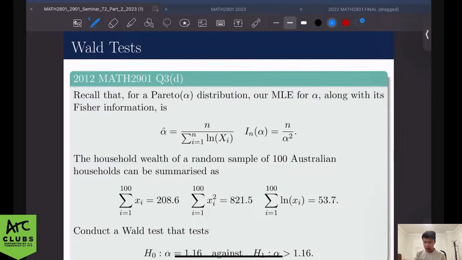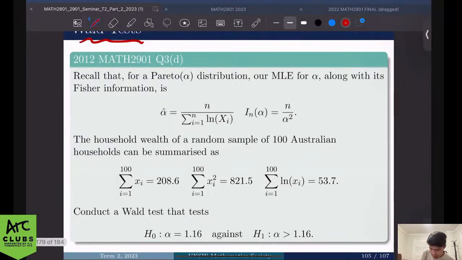The Wald test, as you can recall from our Wald confidence interval, is, sorry for baiting you, by the way. Basically, the Wald test is a specific test for MLEs. In this example, you've got a Wald test with the null alpha equals 1 versus the alternative alpha greater than 1.